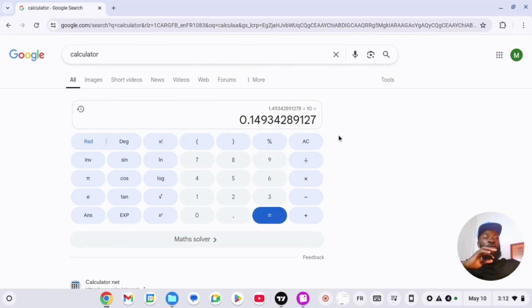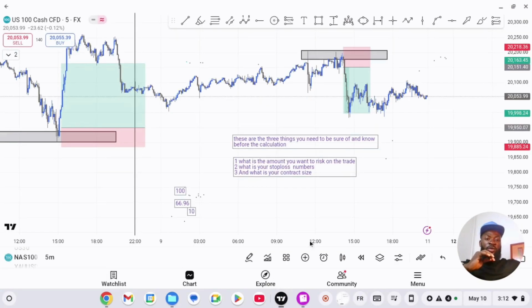The rest of the numbers do not matter. Just take the first two numbers after the 0 point. So the calculation now is 0.14. So that's just how to calculate it.